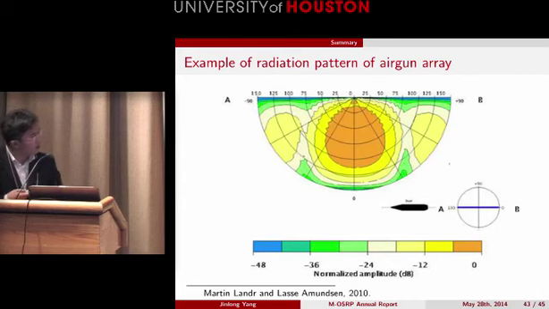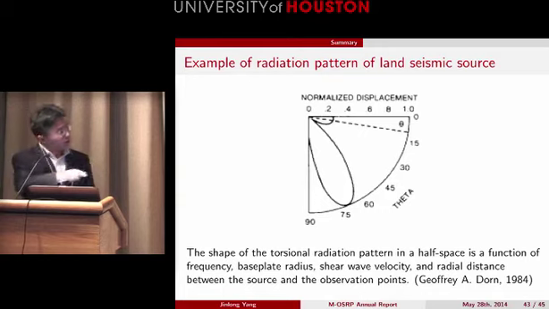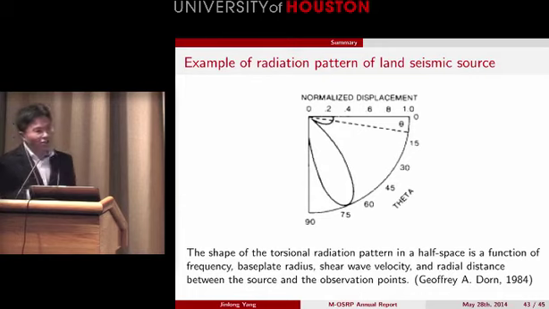For the line case, I found one case like this. This is a normalized displacement, and this is the angle. This curve represents different amplitude along the angle. So this is a rapid change in the radiation pattern.